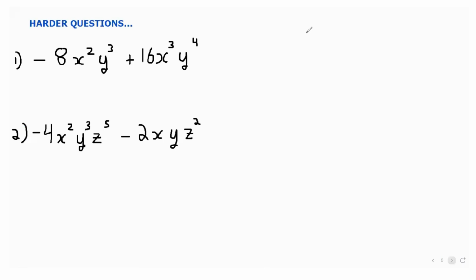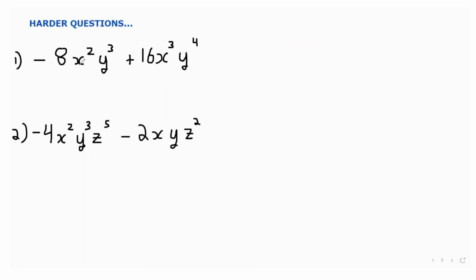So let's go. So some harder questions. So we learn some cool stuff in this one. So the first thing that I want you all to notice is this part here. This negative. This here is very important. This is not set in stone, so it's not a law, because it doesn't matter which one you factorize first.